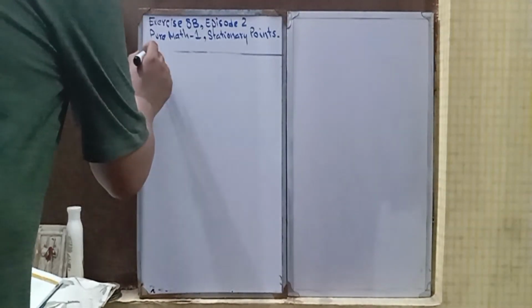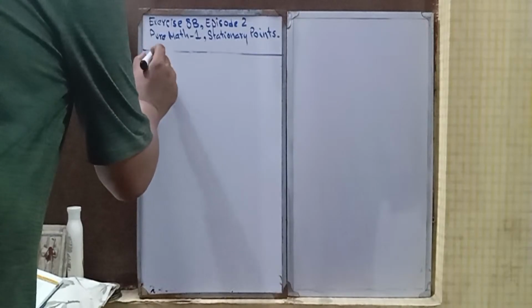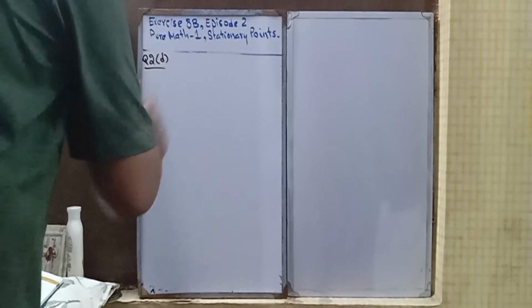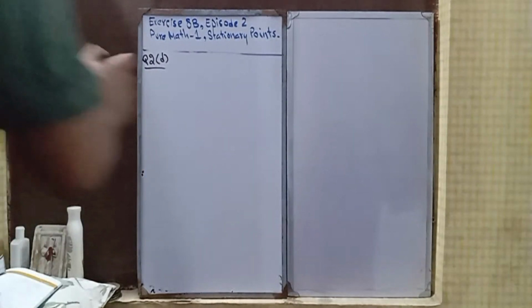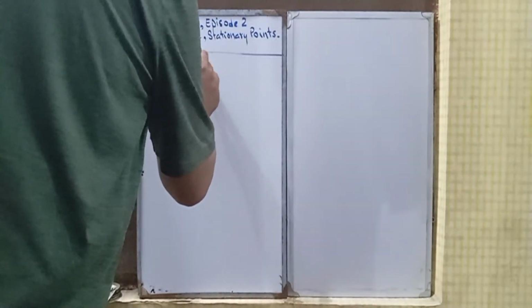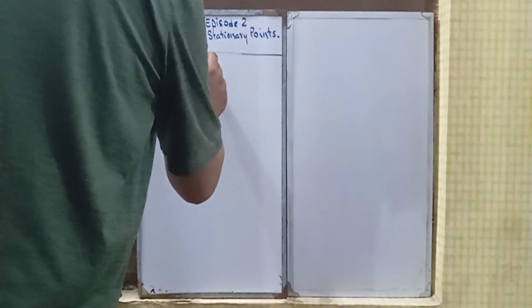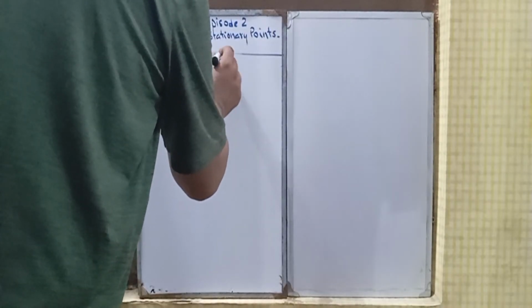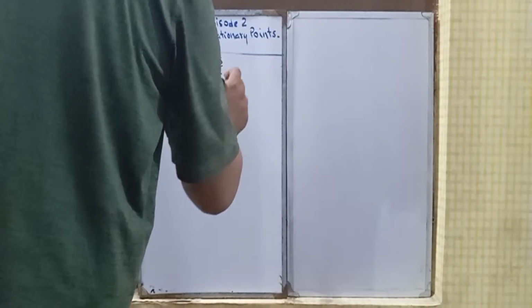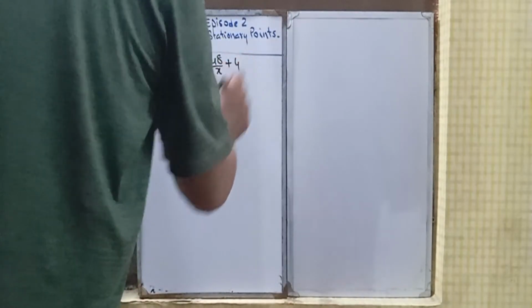So here an equation of a curve is given. Question number 2, D part. He says y equals x cube plus 48 divided by x plus 4.